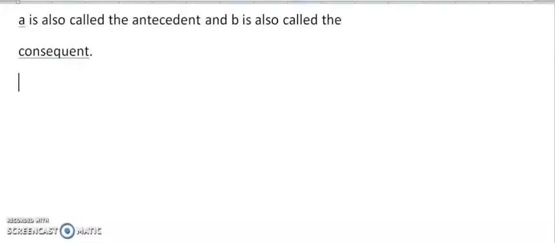Okay, now an important property we will see for ratios. An important property of ratio. Okay, what is that?